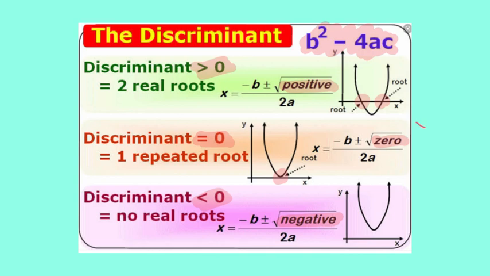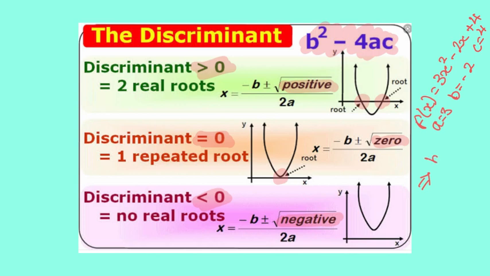For example, if f of x equals 3x squared minus 2x plus 4, we know that a equals 3, b equals minus 2, and c equals 4.